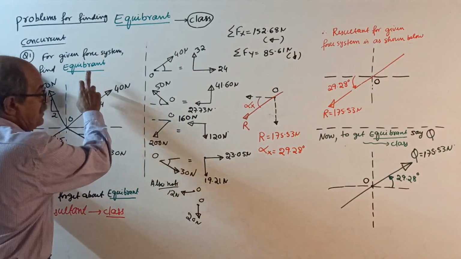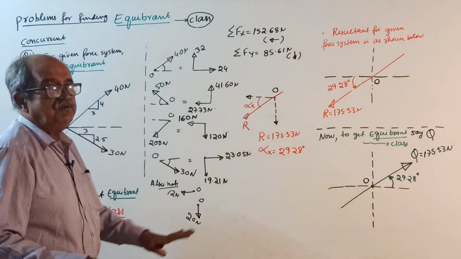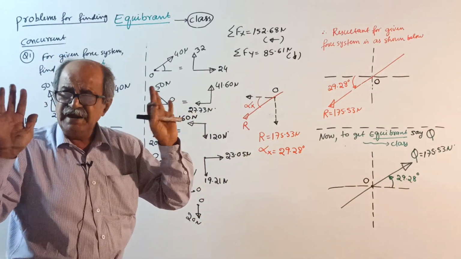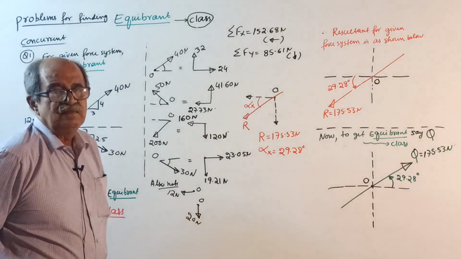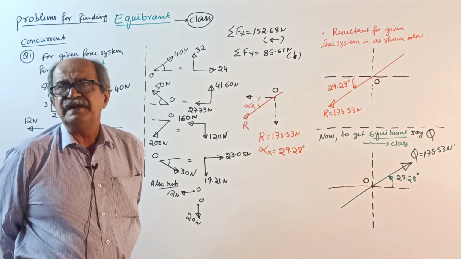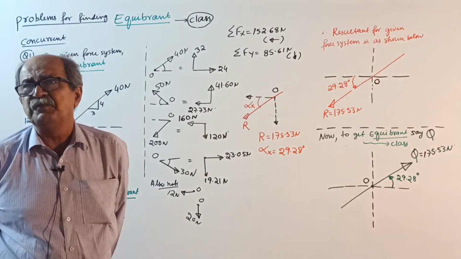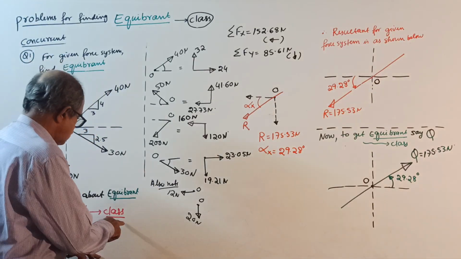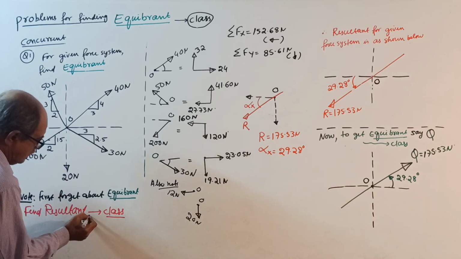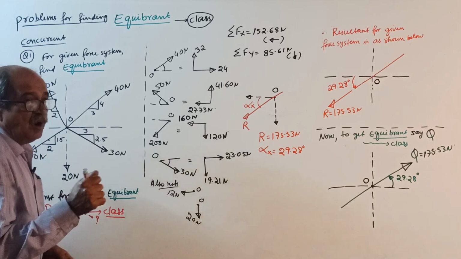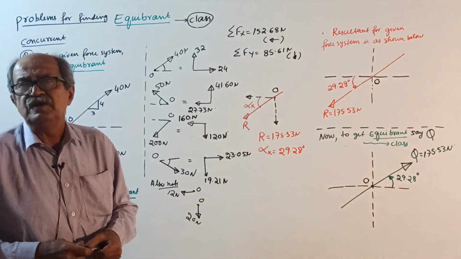Okay, now make a note. Question is to find equibrant. First, forget about equibrant. Write every time: find resultant. Now I am not telling that resultant can be in the form of a force or in the form of a couple. Question mark. How to find? Don't find, leave it.